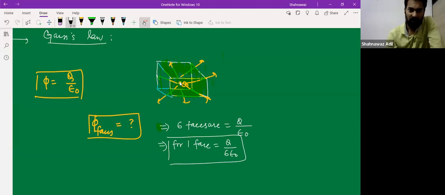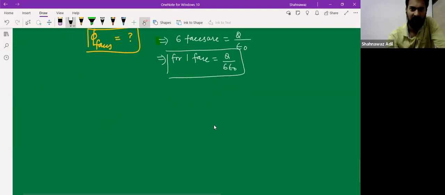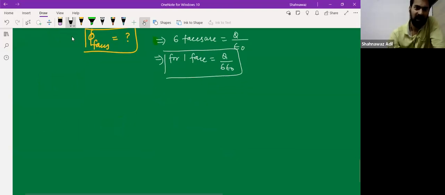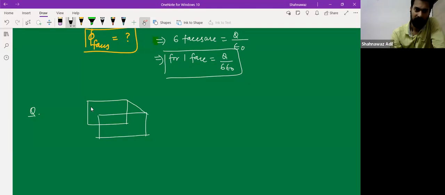Yes, so now this charge was kept at the center of this cube, right? And let's say the charge is placed in the corner of the cube, right?